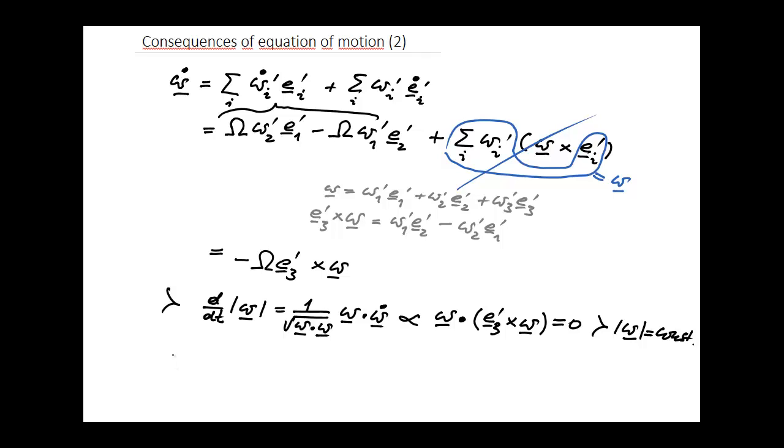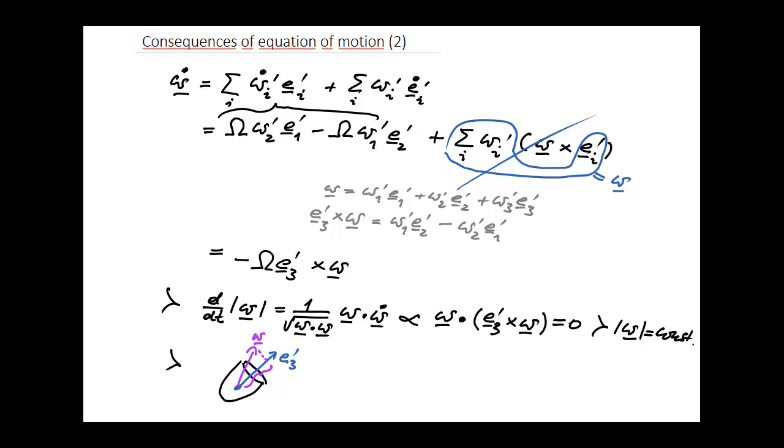This implies, when you remember the body here, we have E3 prime spanning the symmetry axis of our top, and we have somewhere the vector omega. We already said that this projection here has constant length.